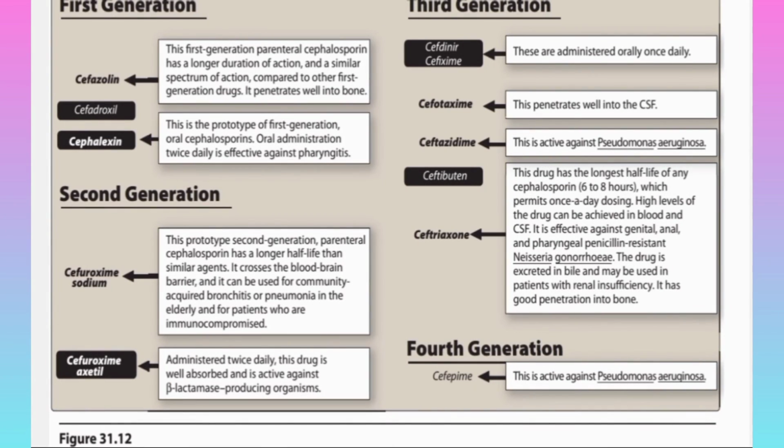Ceftriaxone has the longest half-life, and higher doses can be achieved in blood and cerebrospinal fluid. It's effective against genital, anal, and pharyngeal penicillin-resistant Neisseria gonorrhoeae. The drug is excreted in urine and bile and may be used in patients with renal insufficiency. It has good penetration into bones. Fourth generation, you have cefepime. It is active against Pseudomonas aeruginosa.